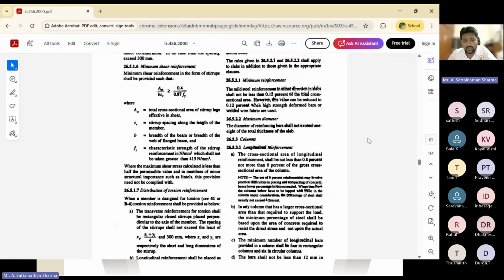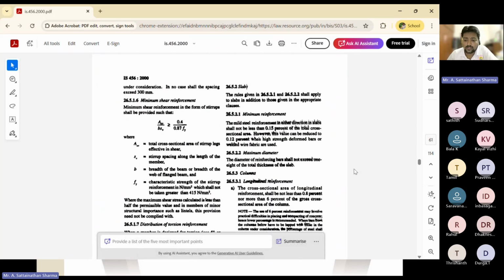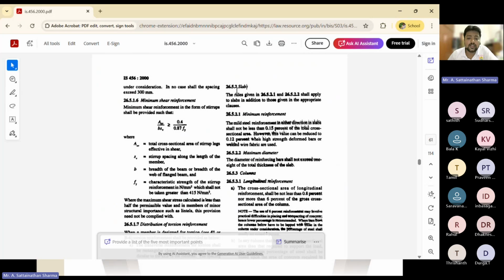It is given very clearly what you have to do: minimum reinforcement, maximum bar diameter, minimum bar diameter, all those parameters are given here. You may get a separate question from slab, like what is the minimum diameter you have to give, the maximum diameter, what is the spacing, all those things, which are there in clause 26.5.2 of the code book. These three points you can add up.